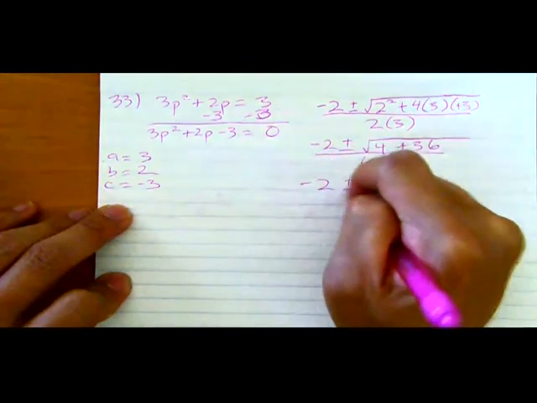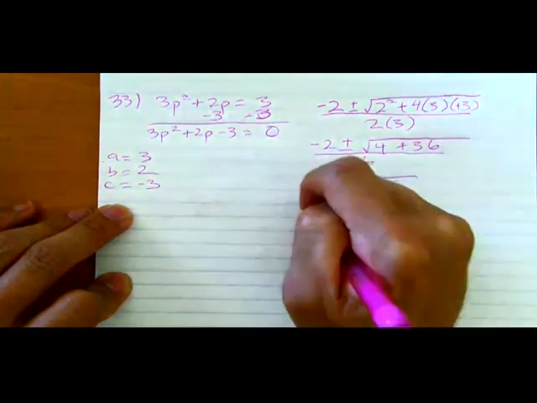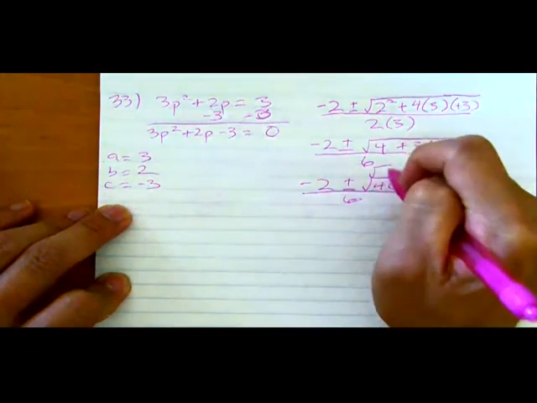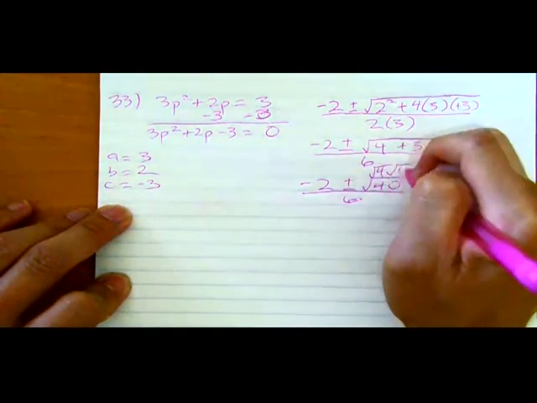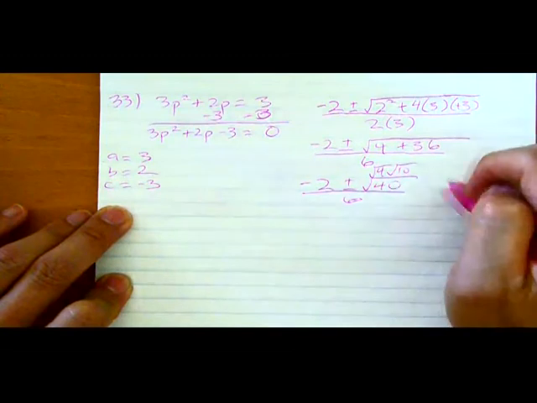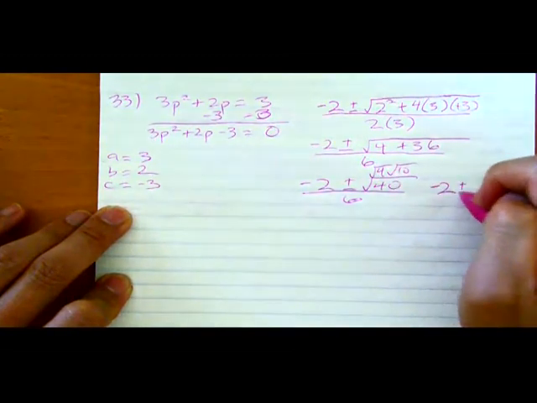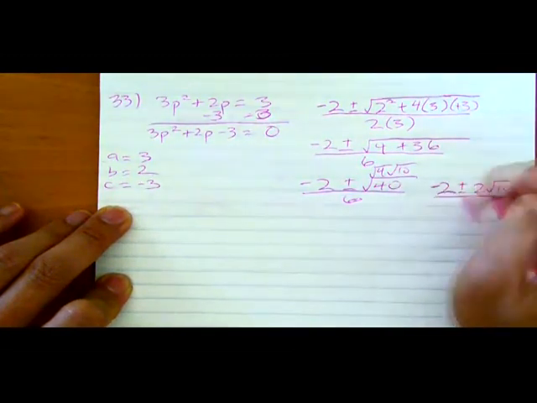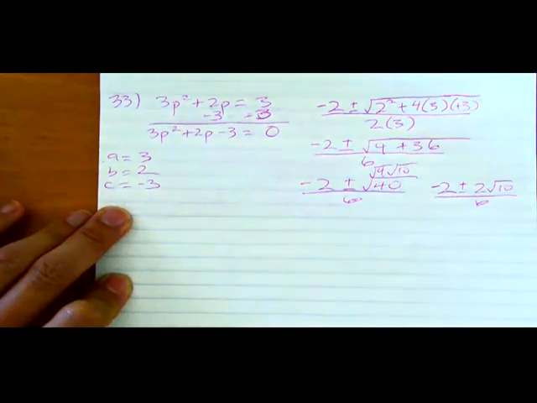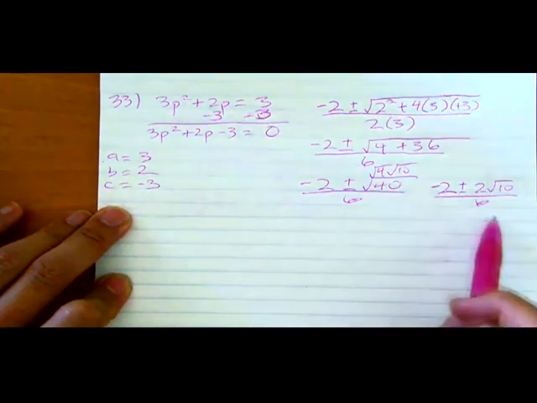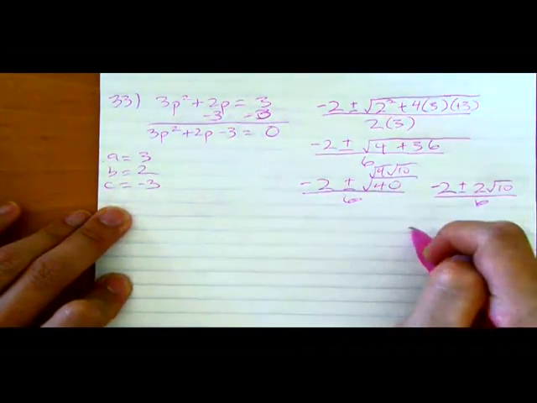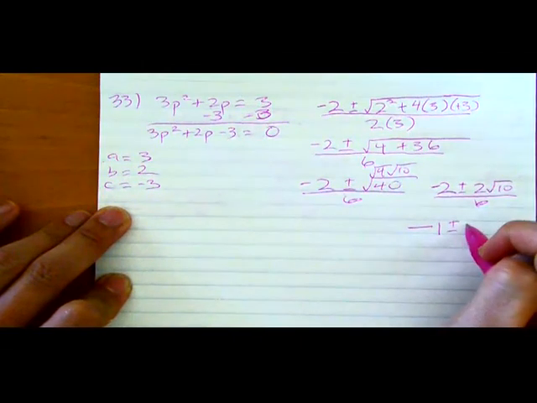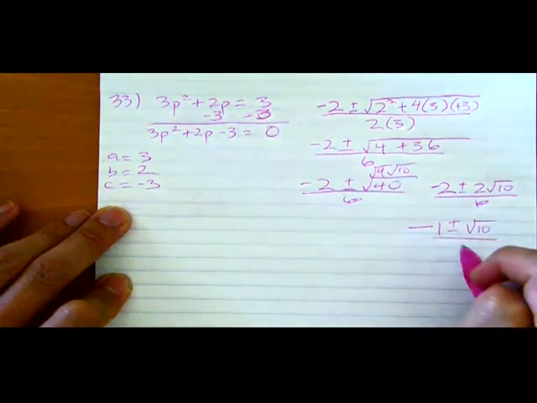Negative 2 plus or minus radical 40 over 6. We can simplify the radical. That's 4 and 10. So now we have negative 2 plus or minus 2 radical 10 over 6. Each of the terms have 2 in common. So negative 1 plus or minus radical 10 over 3.